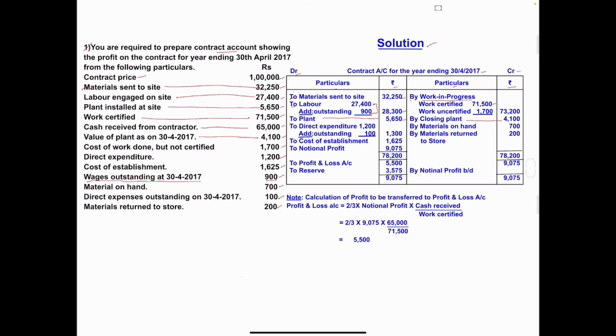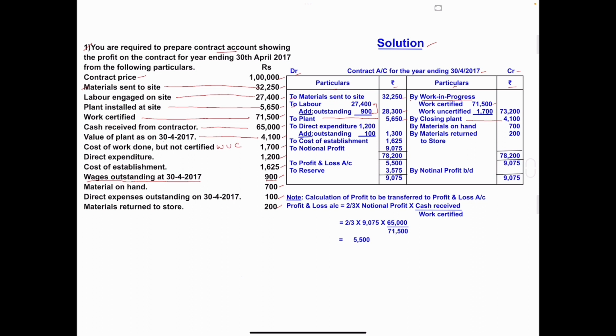Next is cost of work done but not certified. So the work is done but it is not certified. So this one is considered as work uncertified, and it is to be taken under the head work in progress.